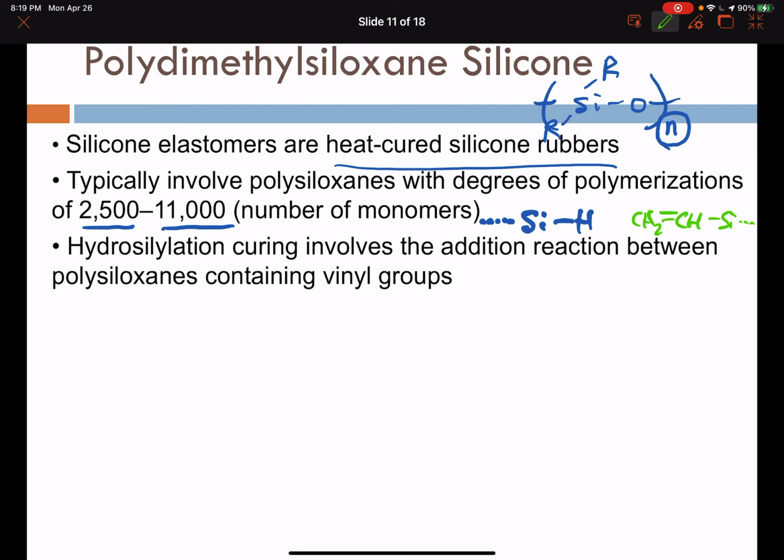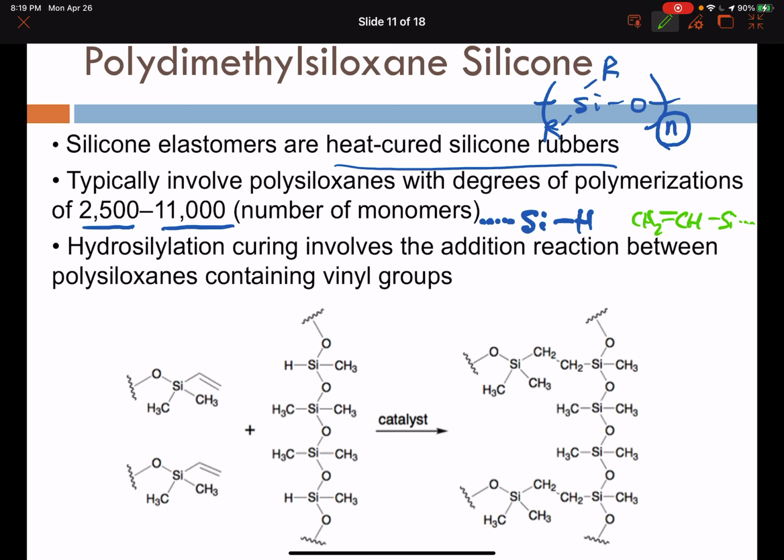So in the cure reaction of our silicones, we will see two different silicone polymers mixed together, and a catalyst will be added to drive this hydrosilylation reaction. Shown here in the figure, showing the chemical transformation, we see one polymer chain bearing the vinyl groups at left.